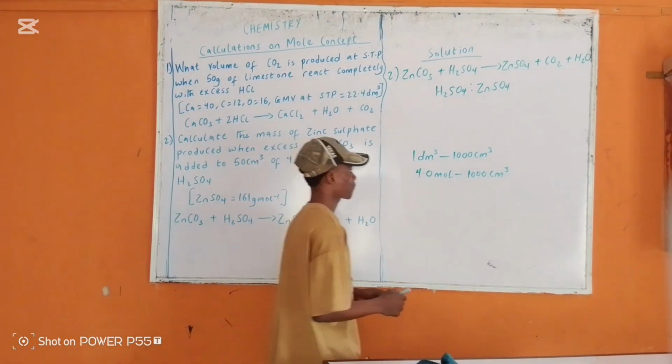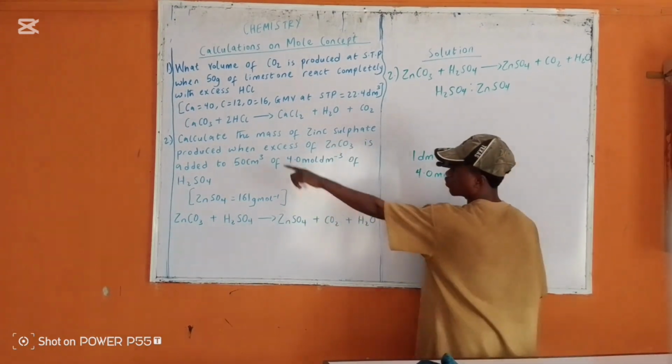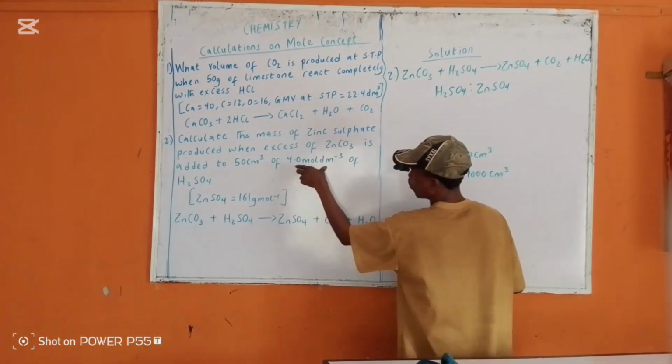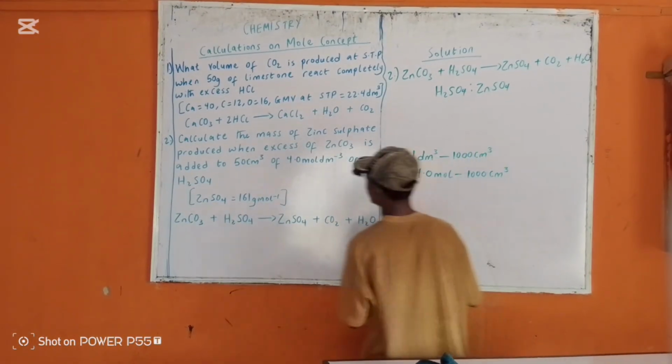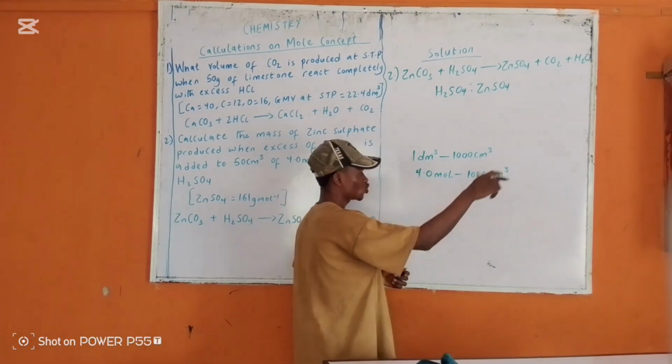So now, what do we have here? We have 50 cm³ of 4 mol/dm³. So our 50 cm³ will be here.